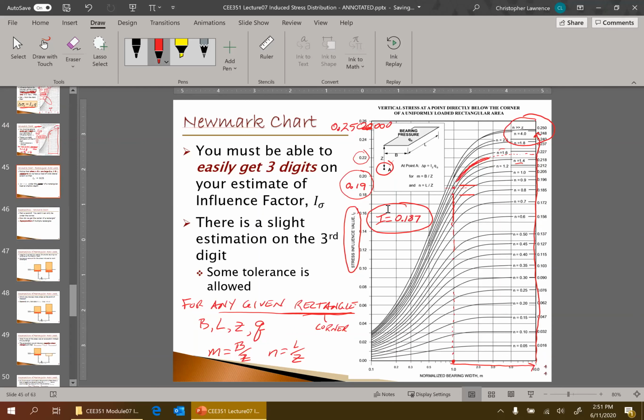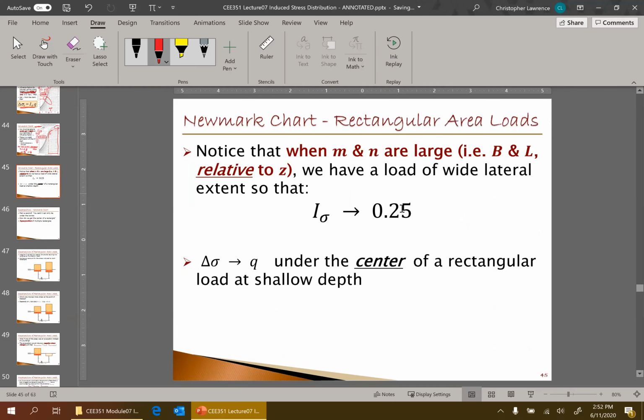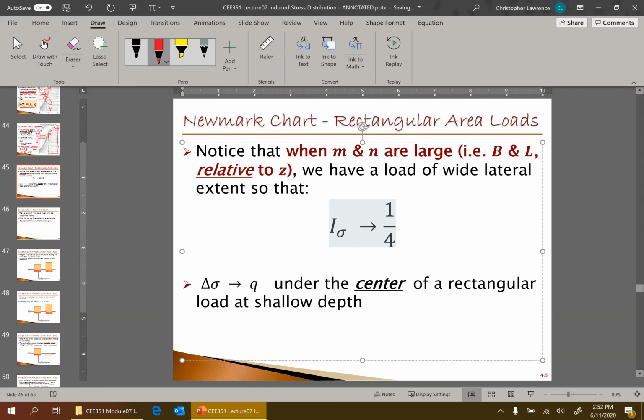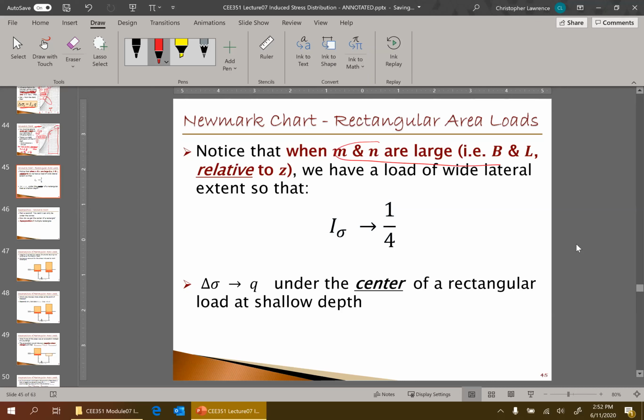And I shouldn't even write 0.25. Like I said a minute ago, I should probably put it in as 1/4, because that's a lot more accurate. There is no round off that can be considered. Okay? It is exactly 1/4. But when M and N are large, we get maximum I of 1/4. Exactly why is that? What's the significance of that 1/4?